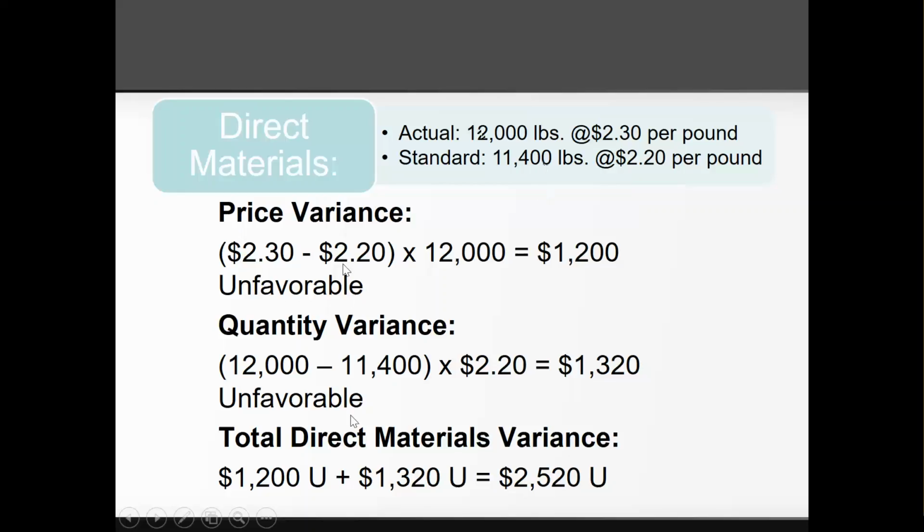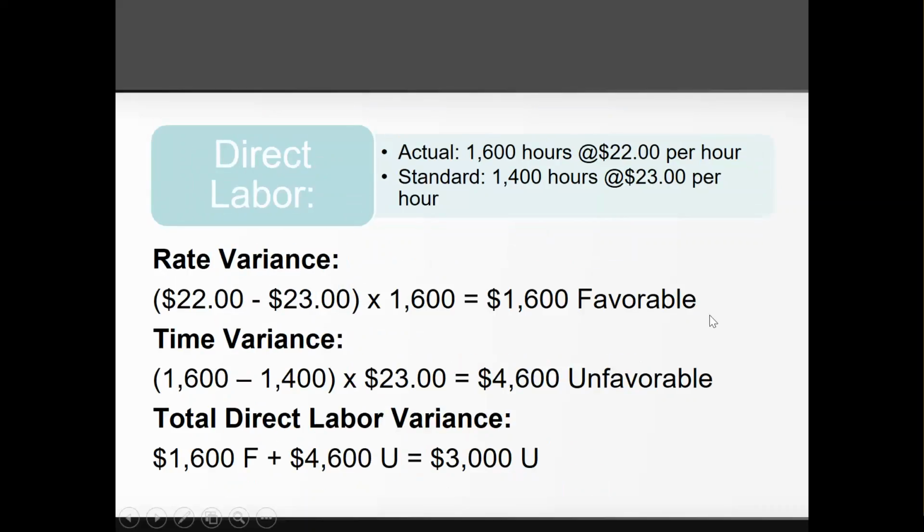Direct labor, the rate variance, we're going to take the actual rate, $22 per hour, minus the standard rate of $23 per hour, and multiply that times the actual time, 1,600 hours. That gives us a $1,600 variance. Because we were actually paying less per hour than what we budgeted, that's a favorable variance. Time variance, our actual time was 1,600 hours, our standard time was 1,400 hours, and our standard rate is $23 per hour.